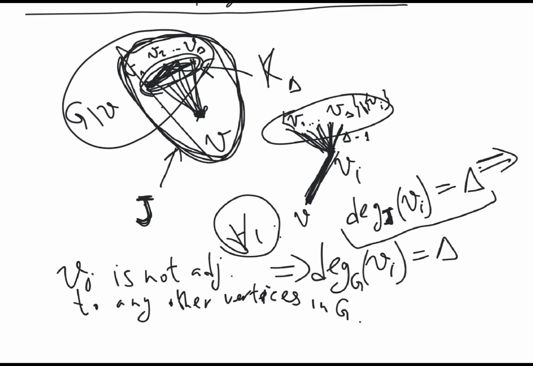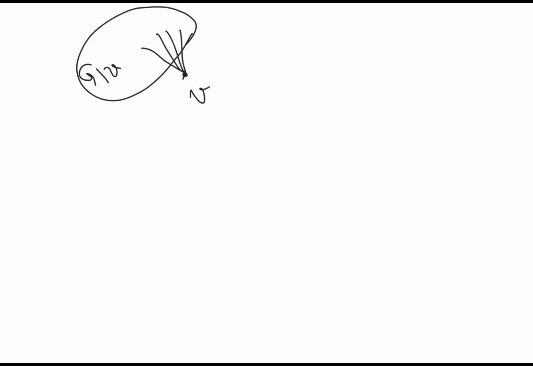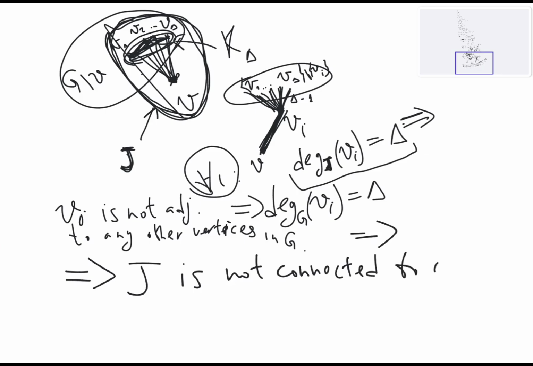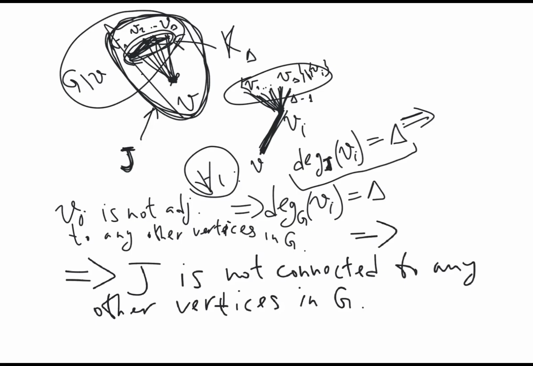We defined those vertices V1, V delta as those adjacent to V. So therefore, the whole subgraph J is not connected to any other vertices in G. But the only possibility when this can happen is when there are no other vertices in G, because the whole G is connected.